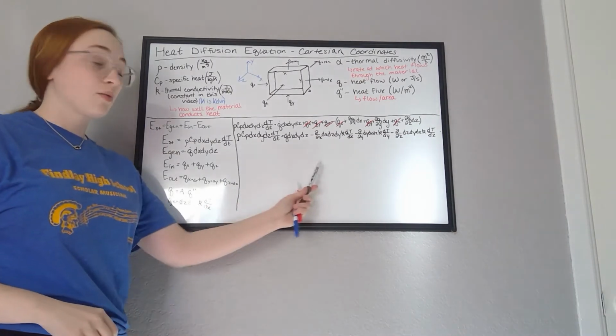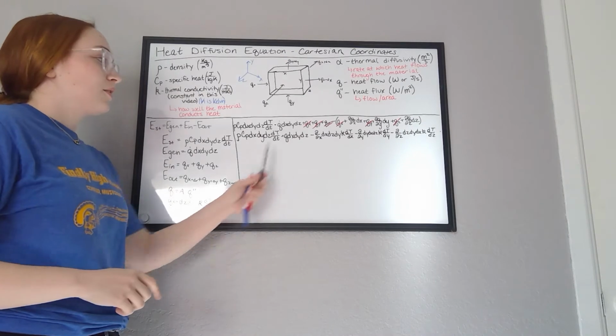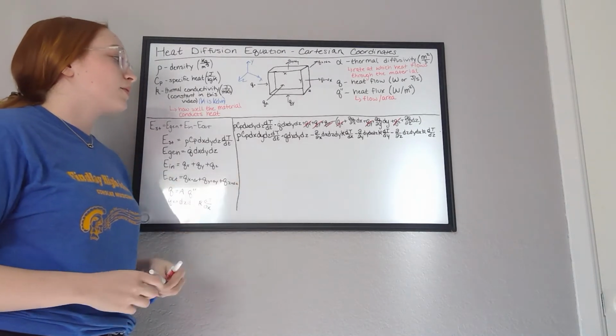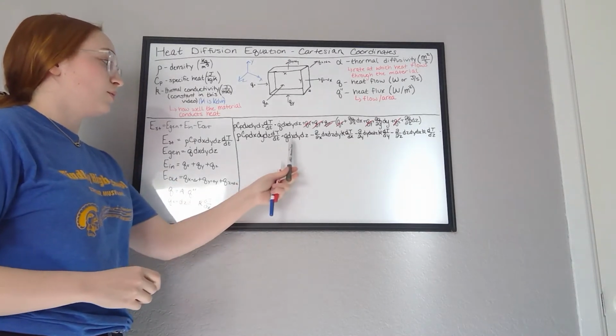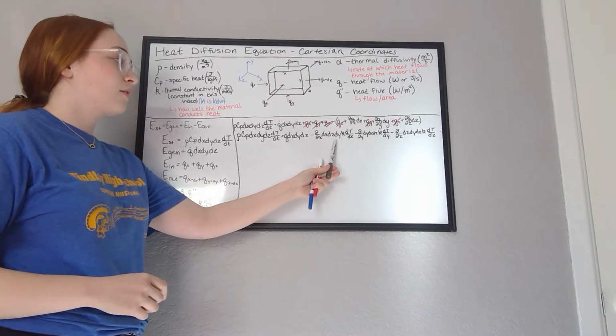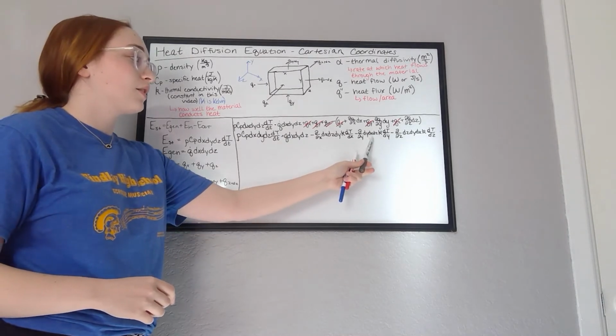I wrote out the equation, taking out the flows that canceled and inserting our new flux for each section.